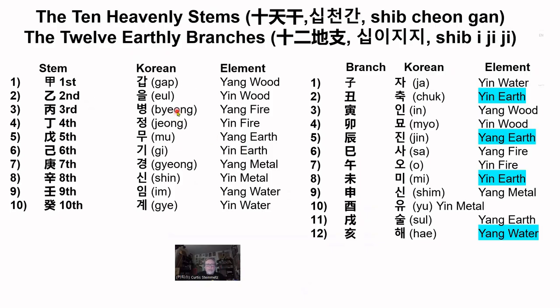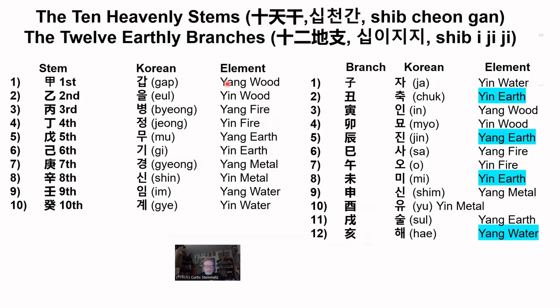Byeong, right here, this is the third heavenly stem, and that's the byeong of byeong Nyum. The O of byeong Nyum comes from the seventh earthly branch. So right now we're on the third of 10 heavenly stems. Once we've done all the heavenly stems, then we'll do the earthly branches.